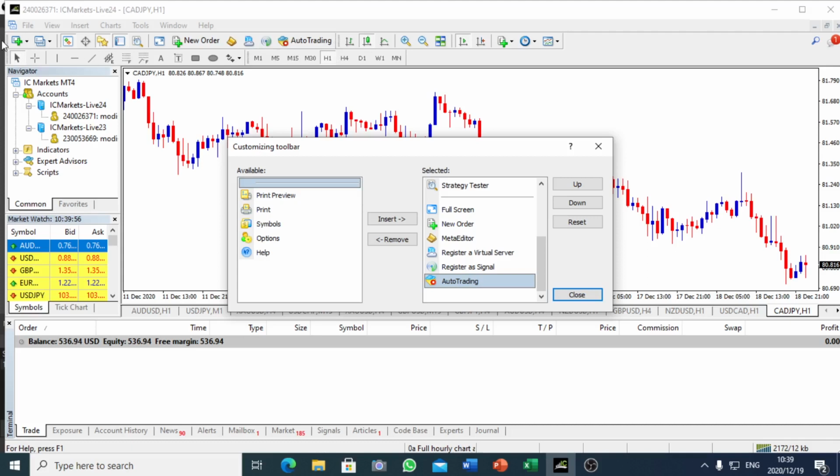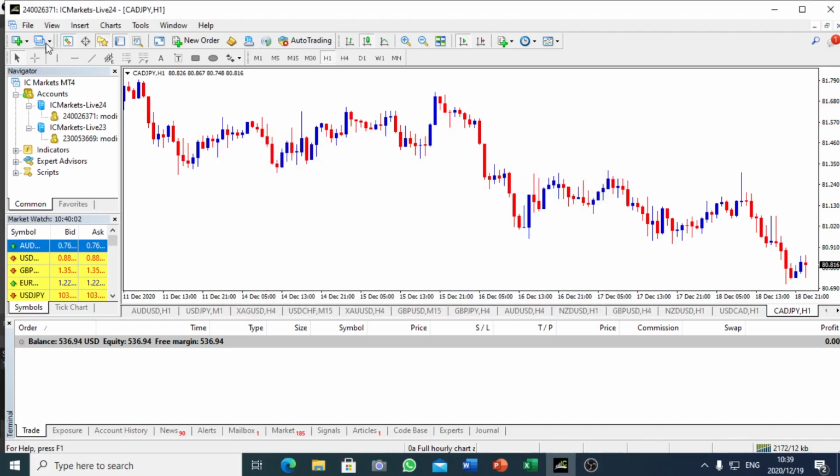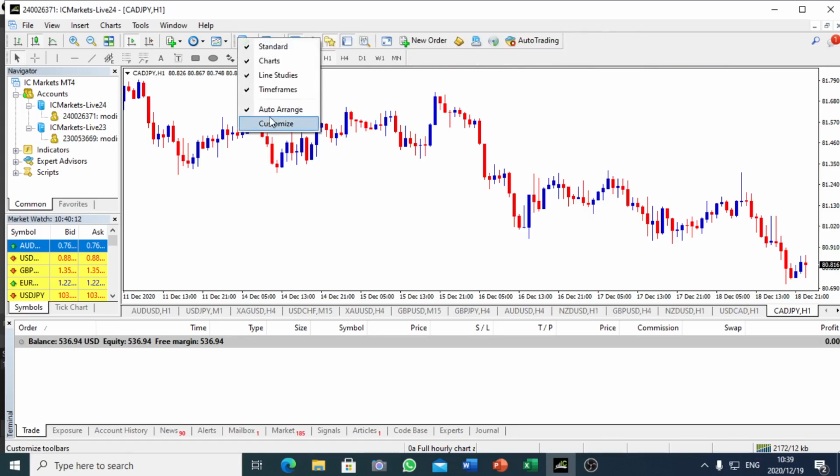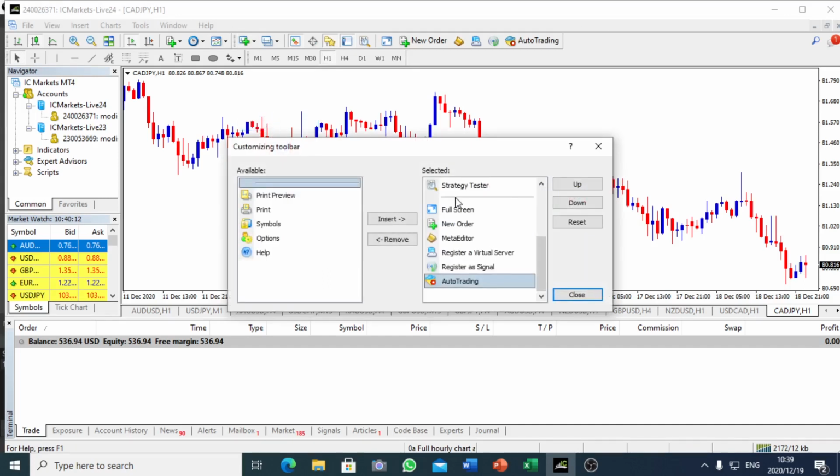And please take care of this. You can also drag this. Okay, let me close this. You can also drag this to suit the way you want to view them. Everything that is here is customizable. You can change them according to the way that you want to see.